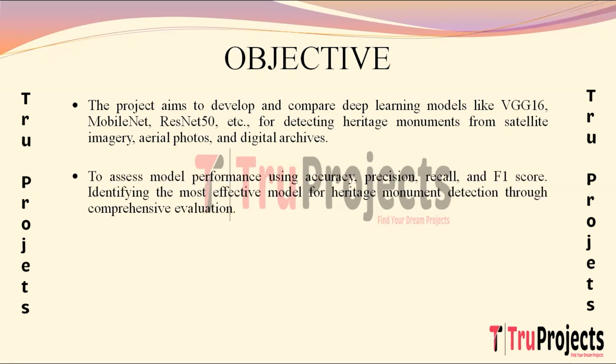And another objective is to assess the performance of these models using key metrics such as accuracy, precision, recall, and F1 score. By thoroughly evaluating each model's performance across these metrics, we aim to identify the most effective model for heritage monument detection.